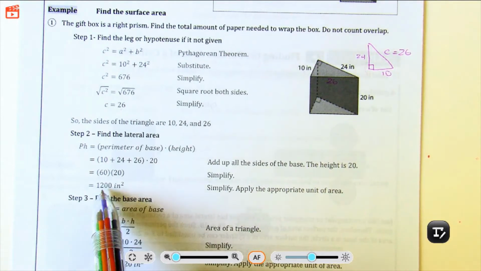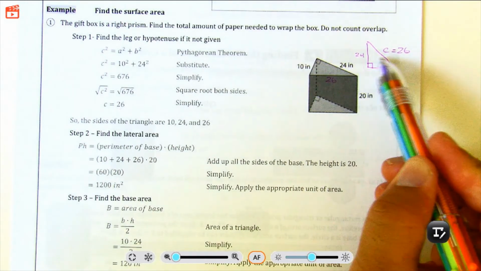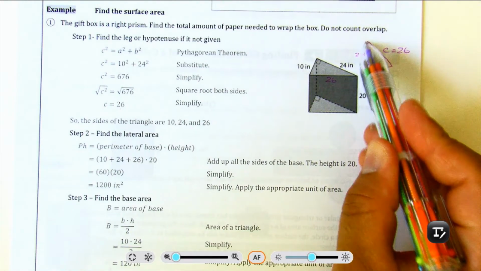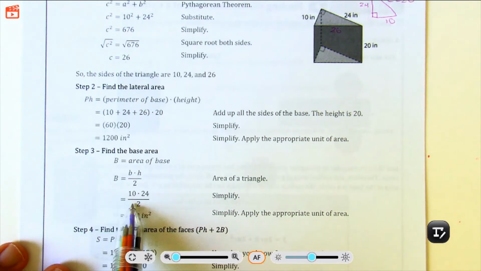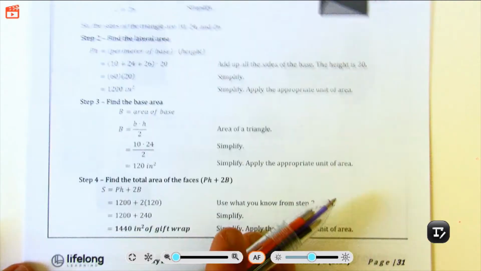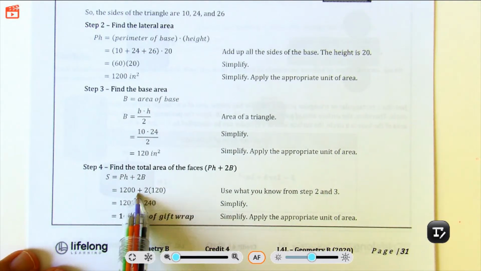Then to find the area of the base, the area of this triangle is half of 10 times 24. That's what this formula tells us, and that is 120. Now that I have everything, I can plug into this formula. 1,200 plus 2 times 120 ends up being 1,440 square inches.